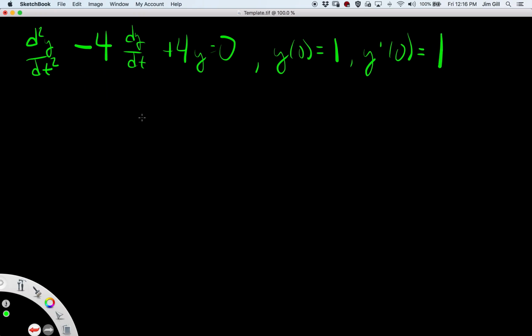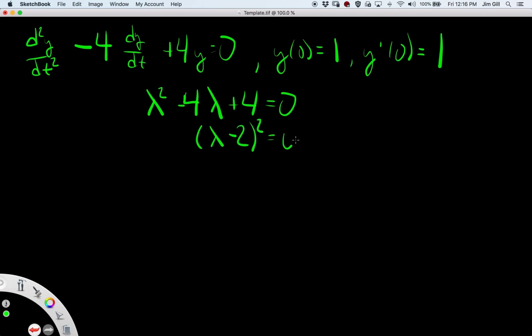All right, so the polynomial involved here is lambda squared minus 4 lambda plus 4 equals 0. And of course, this factors: lambda minus 2, squared, equals 0. So we have lambda equals 2 as the only eigenvalue.